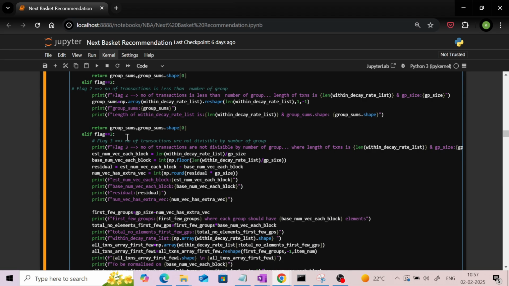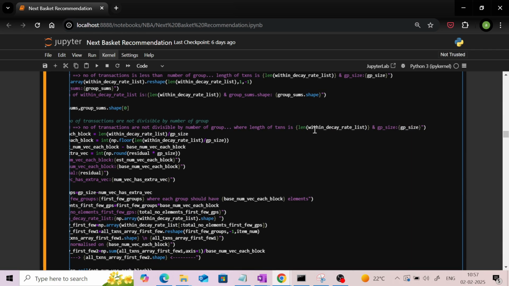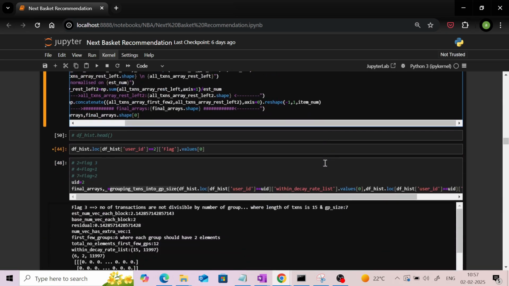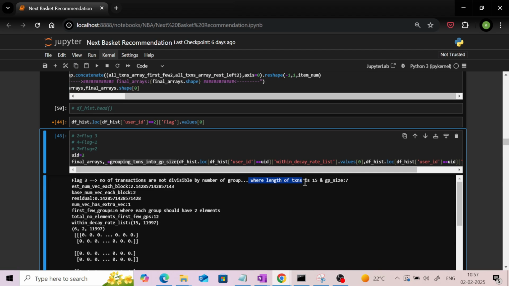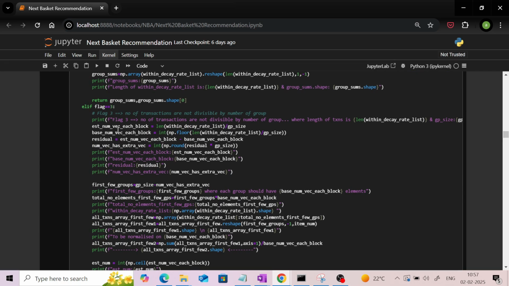First it will enter this flag equal to 3 loop, and it will say flag 3, number of transactions are not divisible by number of groups, where the length of transactions is 15 and the group size is 7. After that, it will calculate a few things.